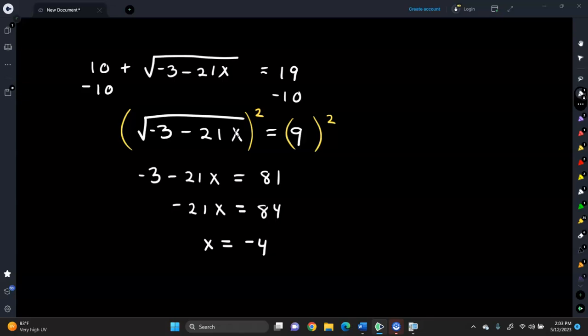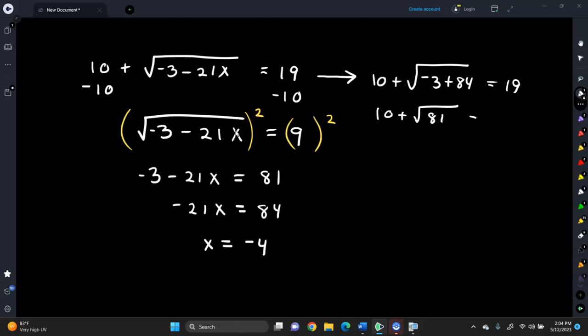And when I go back and check that, we always go back to the original problem: 10 plus the square root of negative 3 plus 84 equals 19. So that's 10 plus the square root of 81 equals 19. So 10 plus 9 equals 19, and that's true. So there's my solution.